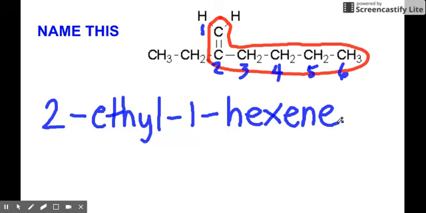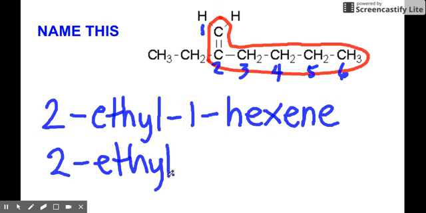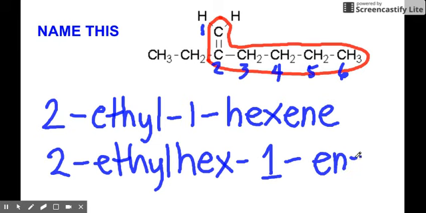You might see some textbooks or references that will name it this way: 2-ethyl, and then the hex for 6 is continued after ethyl with no dash, and then dash 1 dash yne. This is still accepted. So this is an alternative.